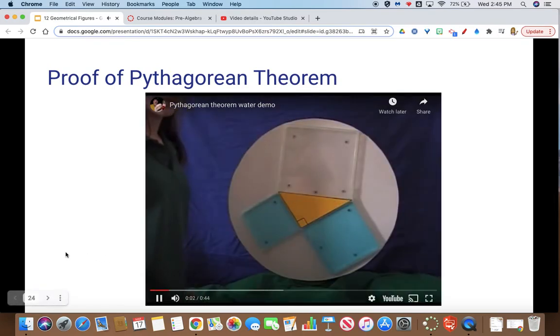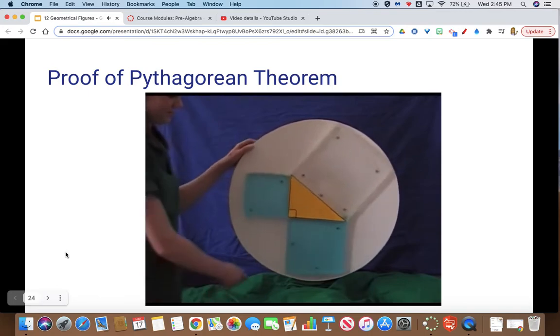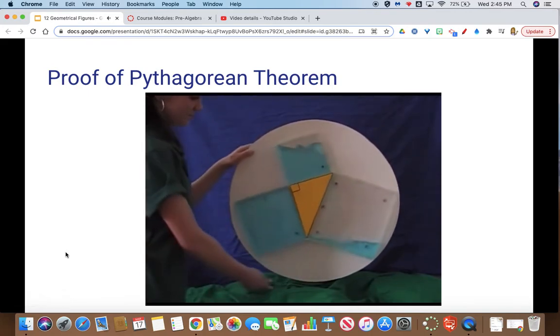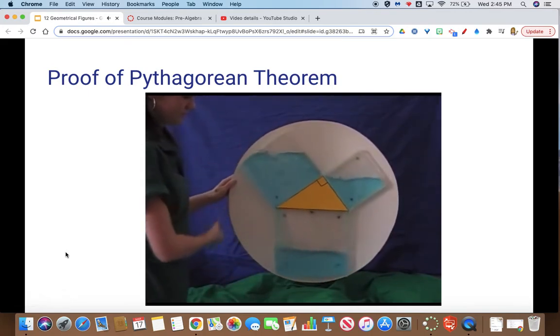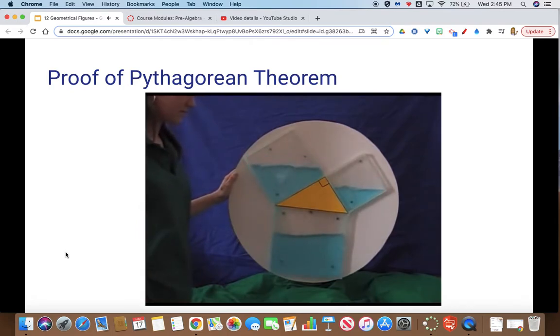So there you can see the legs start with all of the water, so that's those sides squared. And as the wheel gets turned, all of the water goes into the hypotenuse square. It's just perfectly going to fit.